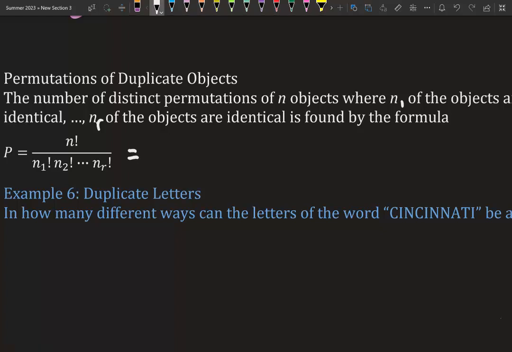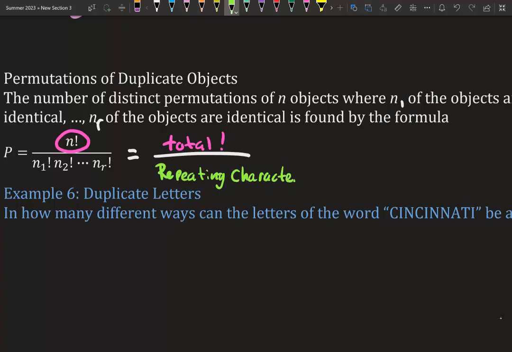Let's break it down. The top part is saying your total factorial. Your bottom part means you're repeating characters, and you're going to have multiple of them. You could have none of them, you could have multiple of them.